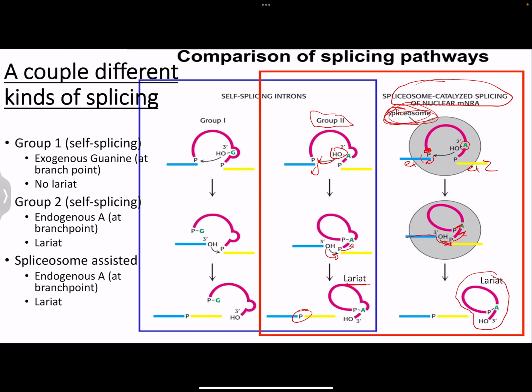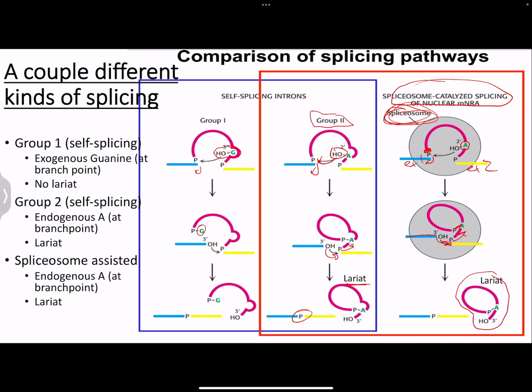For group 1 self-splicing, we have an exogenous guanine. So an exogenous guanine floats over. It's not actually in the nucleic acid structure of the intron. It's exogenous. It's like a monomer. It just happens to be close by. So it goes over. It attacks. It just literally attaches to that. Of course, that was a leaving group.